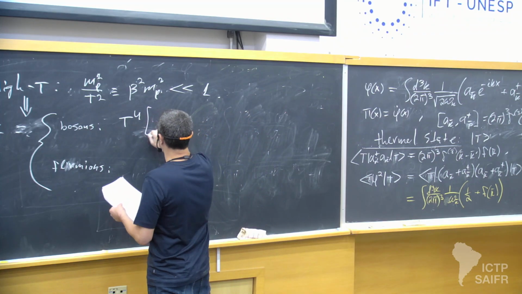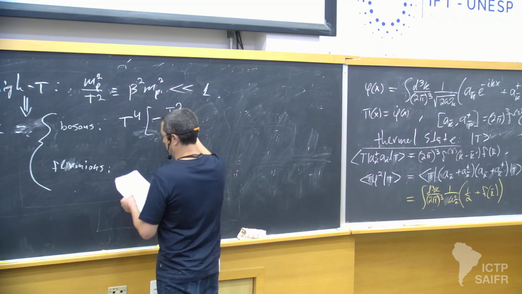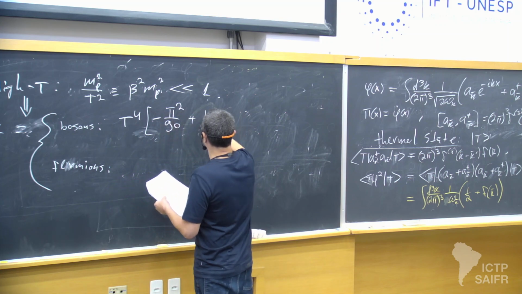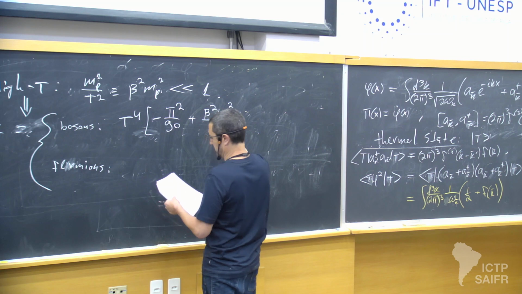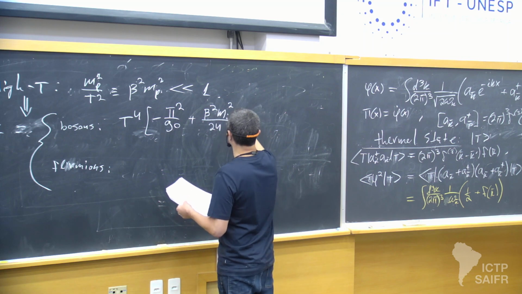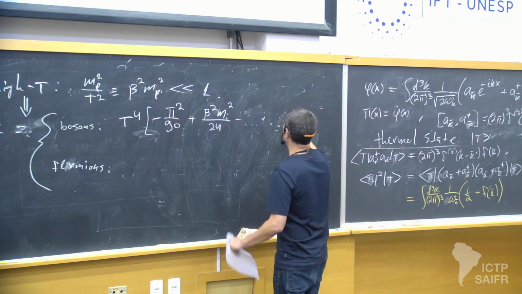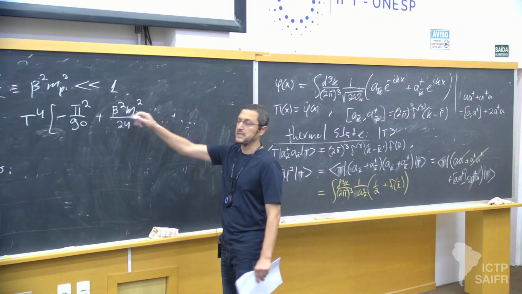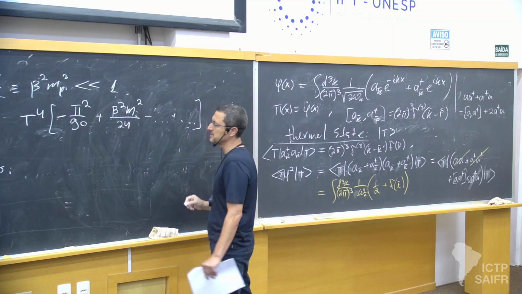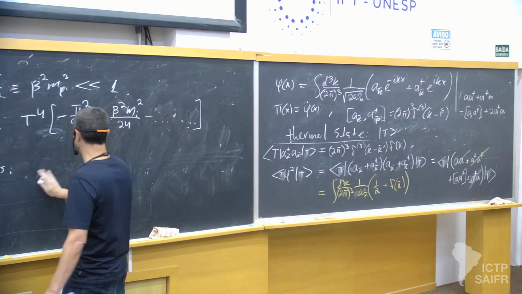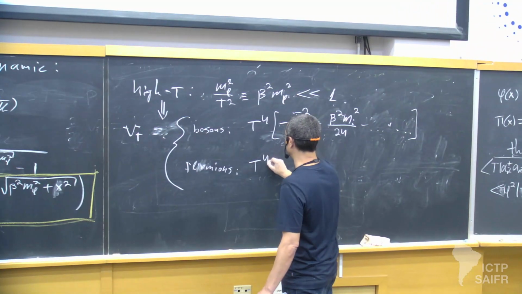So it looks like T to the 4, and here there is minus pi squared over 90 plus beta squared m squared over 24 minus something plus higher orders of beta m. This plus and minus, people make a fuss about it for some reason. Maybe I comment about this tomorrow.